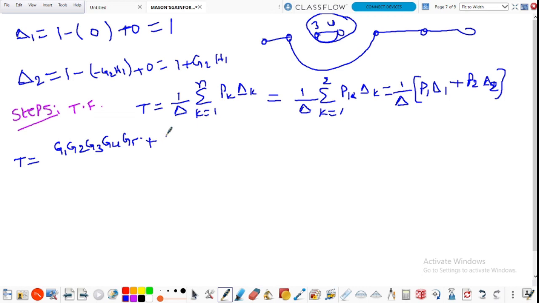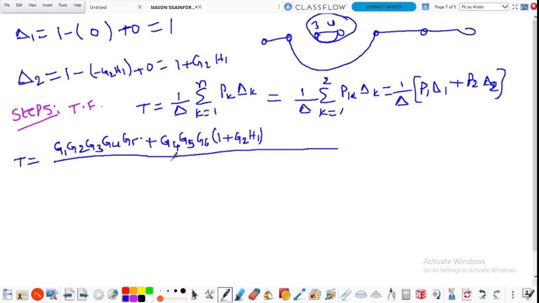What is the second forward path gain? G1, G4, G5, G6, into delta 2. What is delta 2? 1 plus G2 H1, divided by delta.